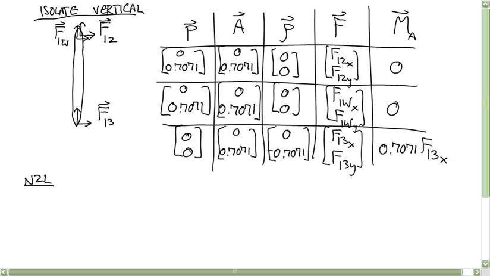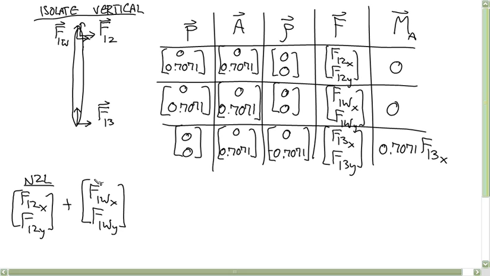So Newton's second law says F12x, F12y plus F1wx, F1wy plus F13x, F13y is equal to 0, 0.